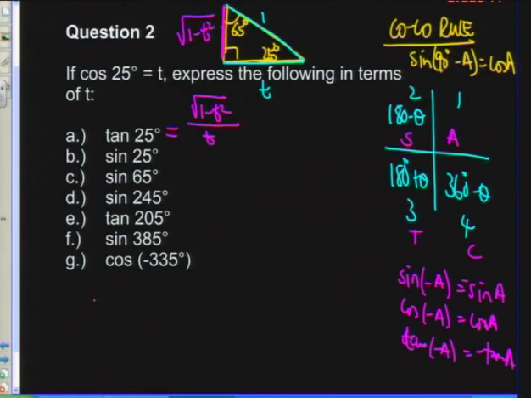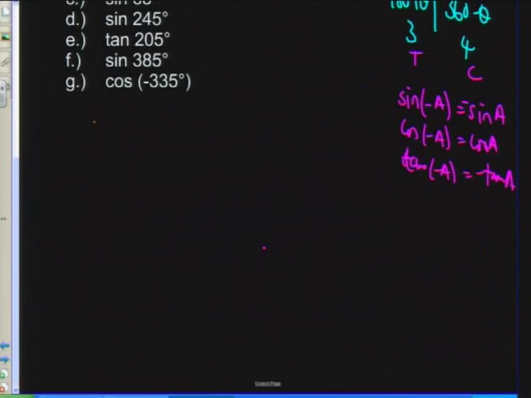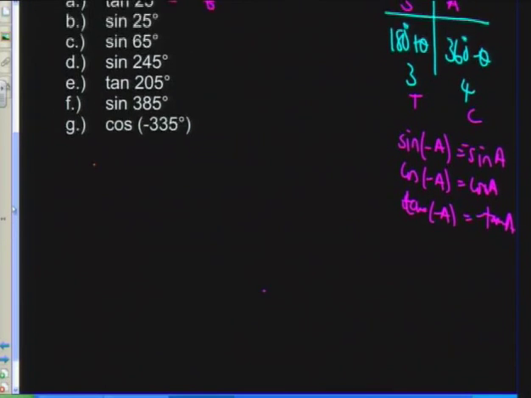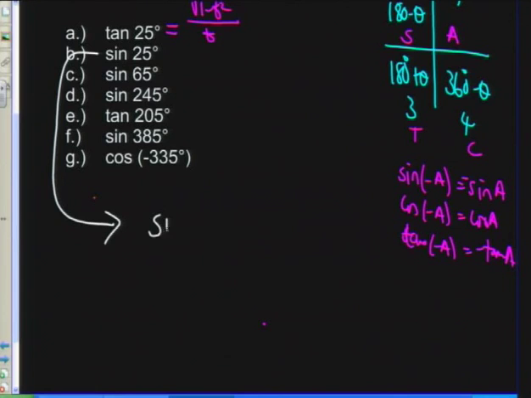Now, I said to you I would show you an algebraic way of solving for this, and it would actually be something of this sort. We would want to ask ourselves, what is it that connects sine 25 and cos 25? How are these two connected to each other? The only way we can connect them is if we take their squares, then the sum of their squares will equal 1.